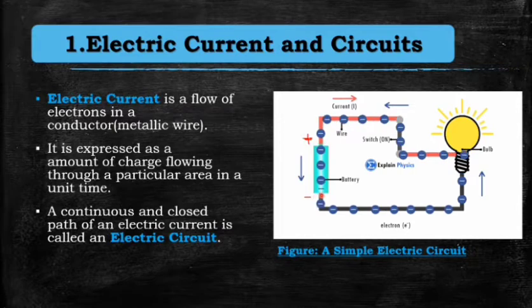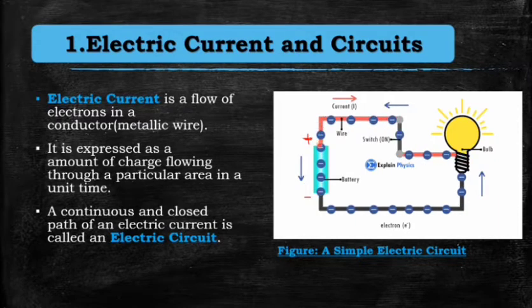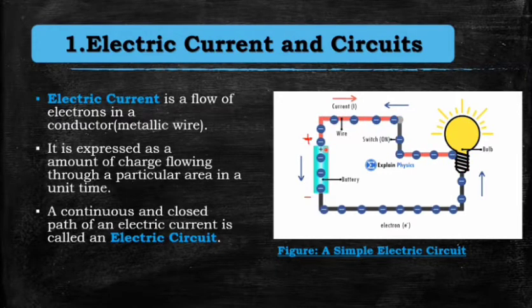So these negative icons are nothing but the electrons. This is the flow of electrons, which travels from the negative side of the battery to the positive side of the battery. Not only the battery but any power source.